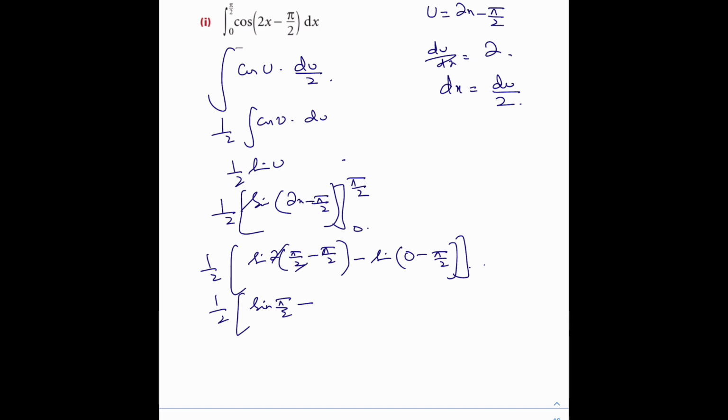Sine of negative pi by 2. If I just look at the graph of sine, this is pi by 2. Sine of pi by 2. Sine of negative pi by 2 is going to be negative 1.